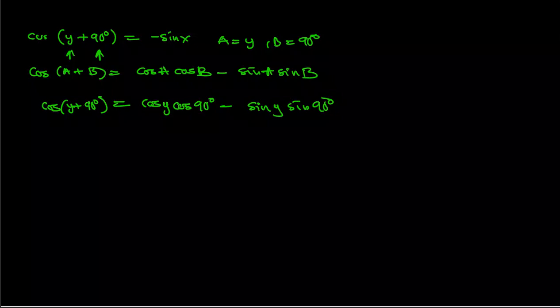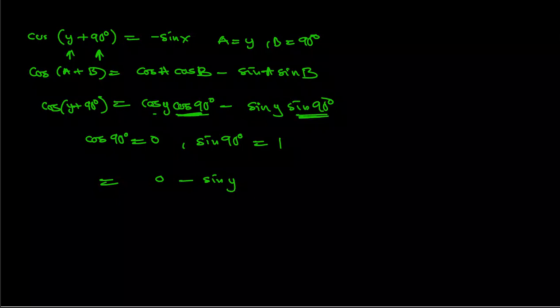I was telling you that cos 90 is just 0 and sine 90 is 1. So cos y times cos 90 is 0, we're just getting 0 here. Then sine 90 is 1, so minus sine y multiplied by 1. So what do we get, guys? 0 minus sine y, that is negative sine y.